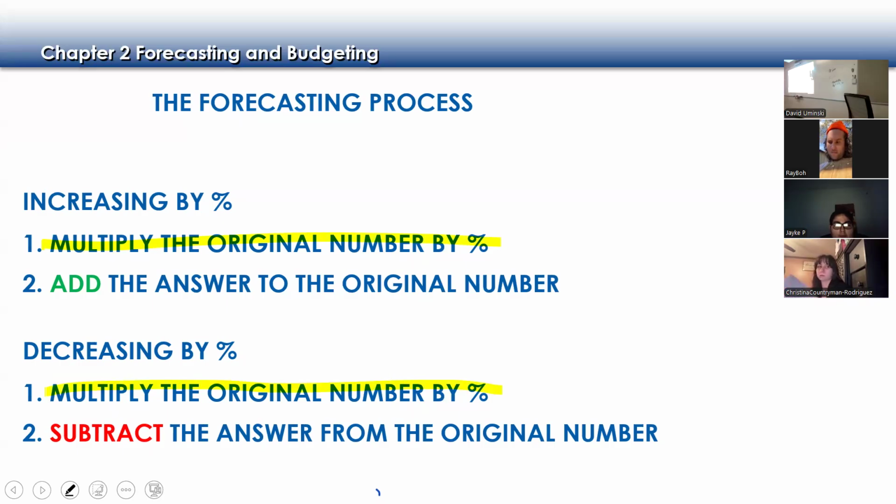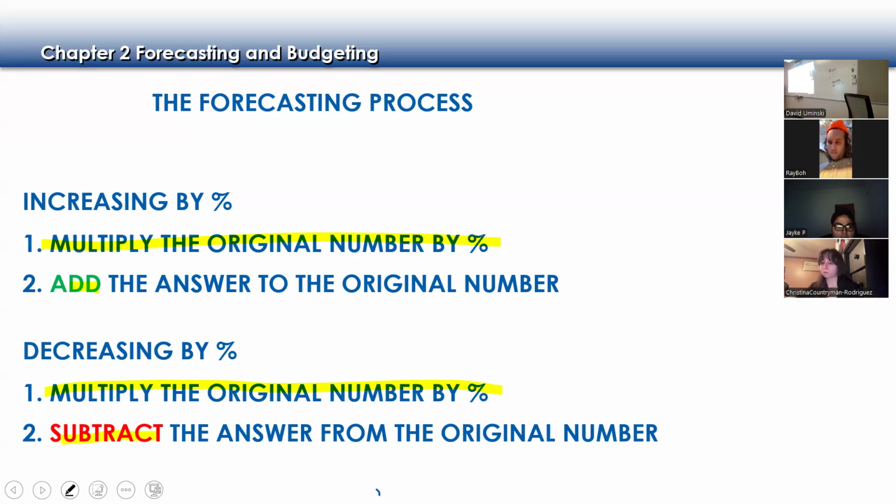We want to multiply the original number by the percentage that's given, okay? If we're increasing, we're going to add that number to the original number. If we decrease, we're going to subtract from the original number, okay?